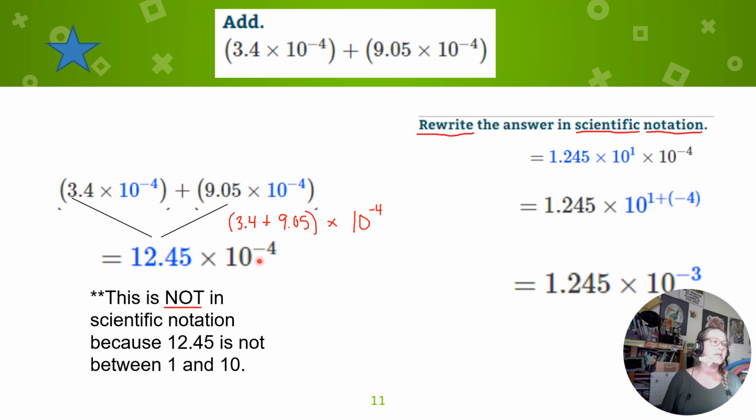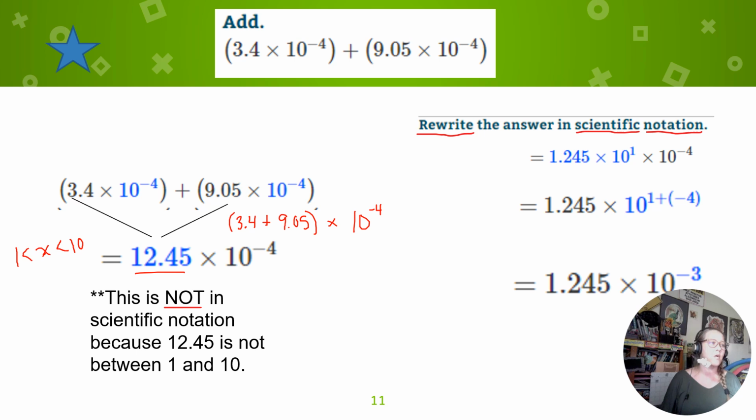But unfortunately, this is not scientific notation. 12.45 does not follow the rule of being between 1 and 10, because remember, this number here must be greater than 1 but less than 10.